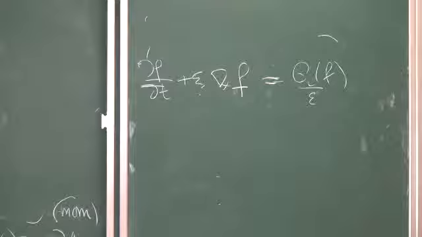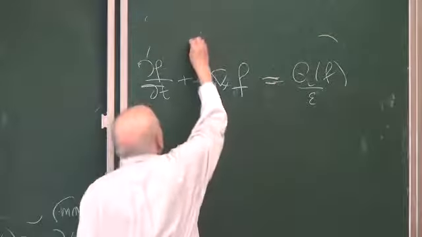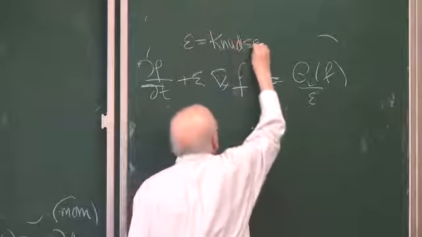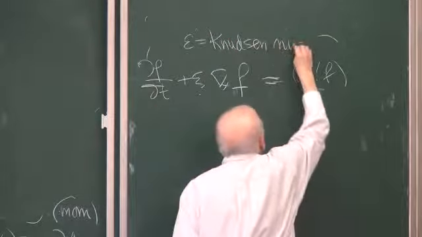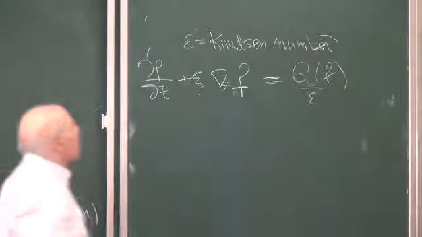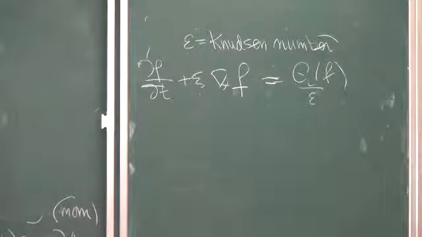Okay, that's the first one. The epsilon is called the Knudsen number, which is a measure of the mean free path between collisions. But it's not important for us, it's just the rescaling.